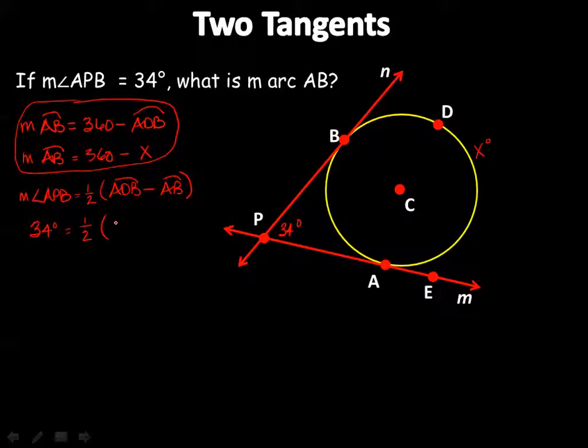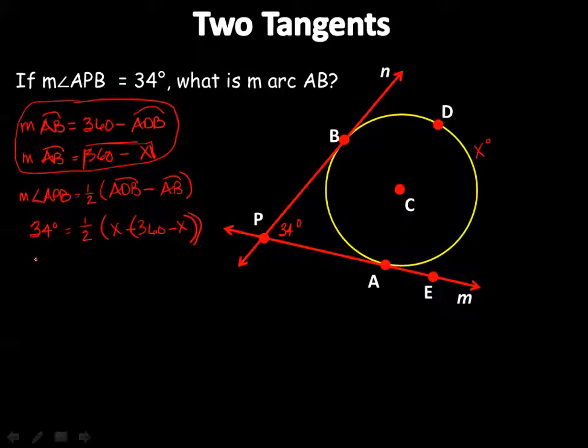Remember, we said the measure of arc ADB, we're letting it be x, minus the measure of arc AB, which we figured out right here. We said that is 360 minus x, just like that. Let me put another set of parentheses there.